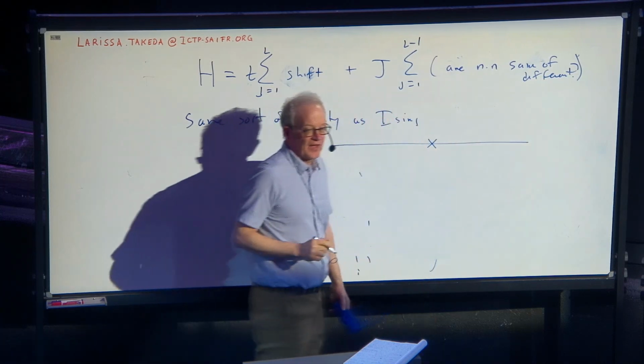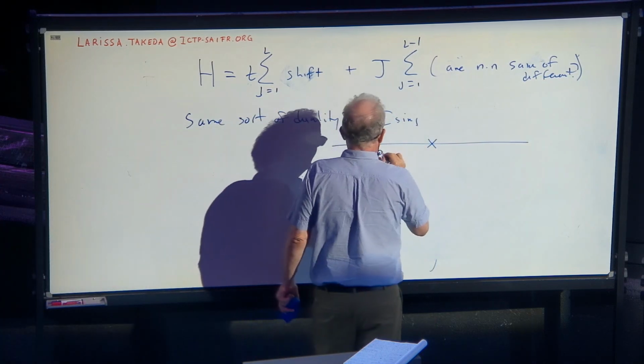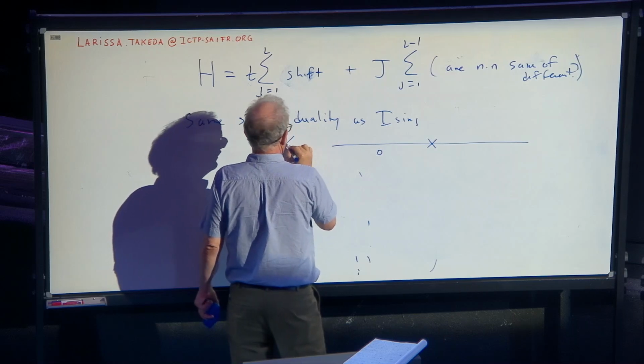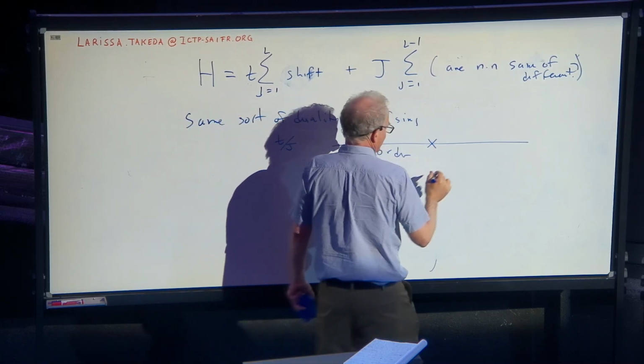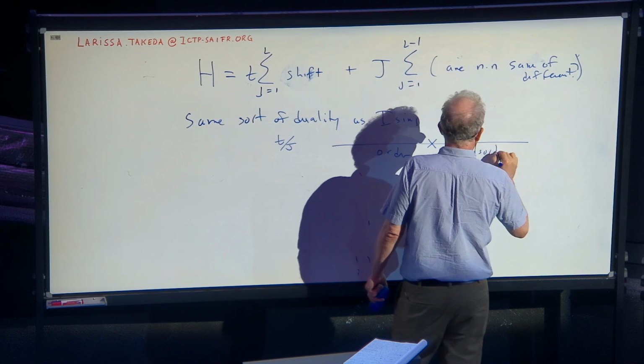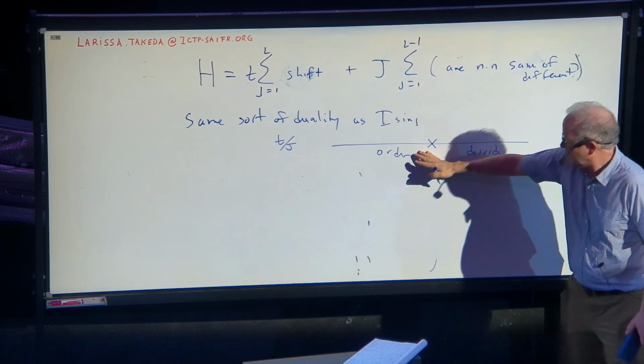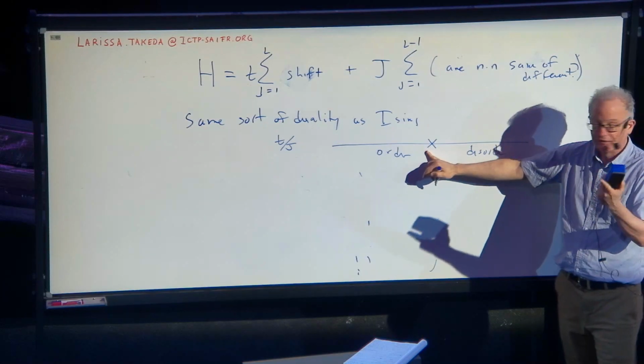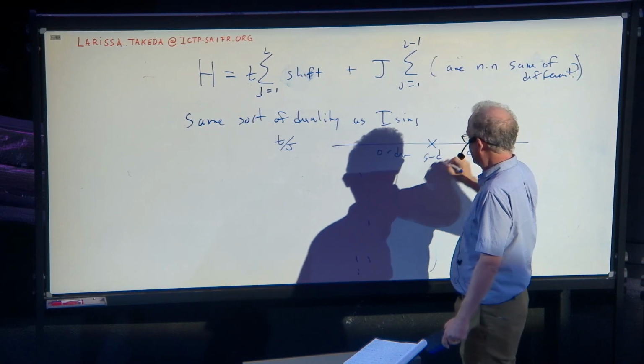you get this phase diagram where we have T over J, and you get a phase where there's order, and there's disorder, and there's a point in between that's the self-dual point, and it's a transition.